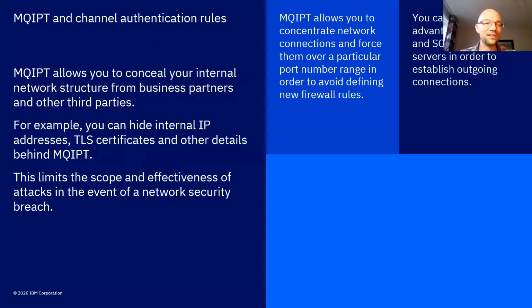Also, there are the reasons I went through a few slides ago about using MQIPT to simplify your network connections, maybe reuse existing proxy infrastructure. So that's essentially making the network administrator's job a little bit easier by reducing the number of connections that need to go through the firewalls, for instance, by getting them all to go through MQIPT instead.